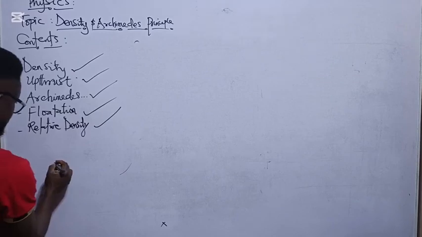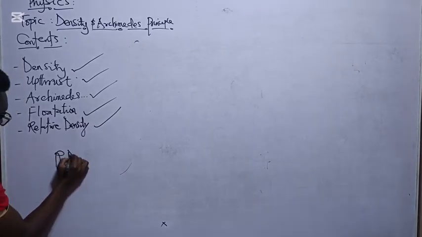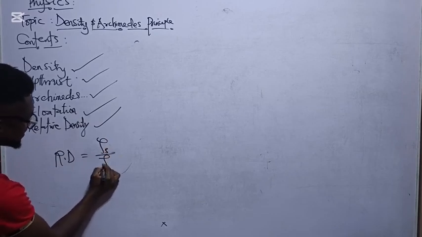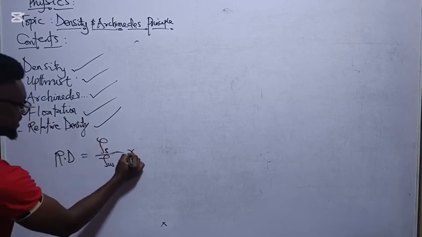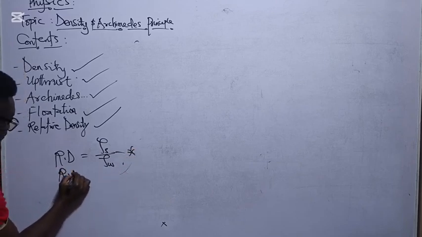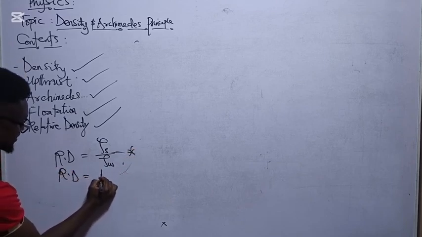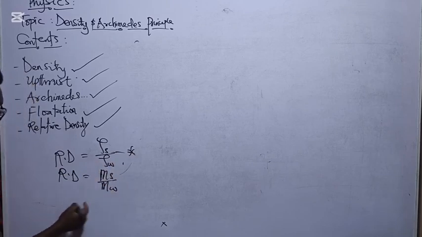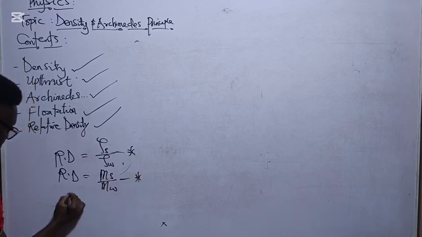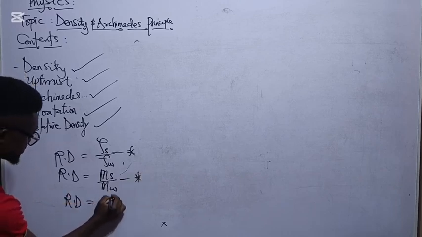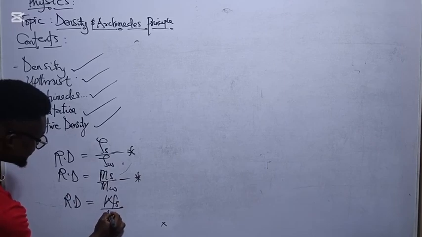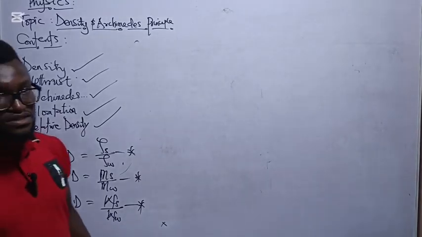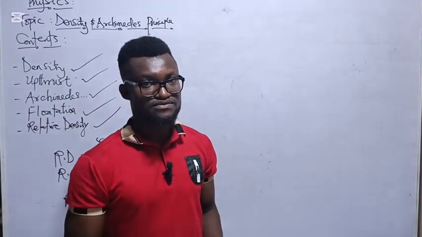The 3 we obtained: we have relative density as density of a substance over density of water. That's the general formula there. Then we also get relative density as mass of a substance over mass of equal volume of water. And the third one, we have the weight of a substance over weight of equal volume of water.